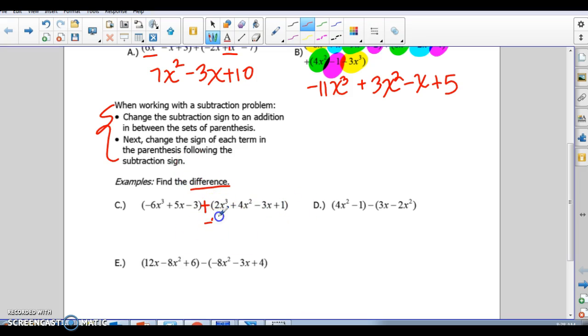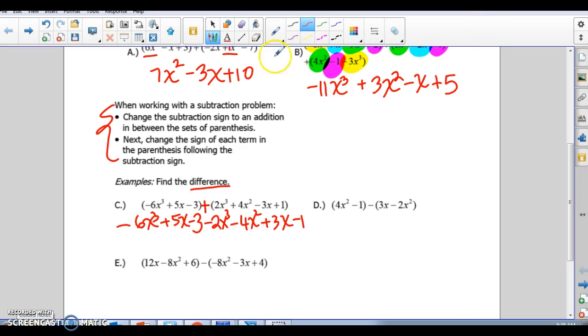So it's going to be negative 2x cubed minus 4x squared plus 3x minus 1. What do we do with the ones on the front? We just bring it down. Now, do we know how to combine like terms?